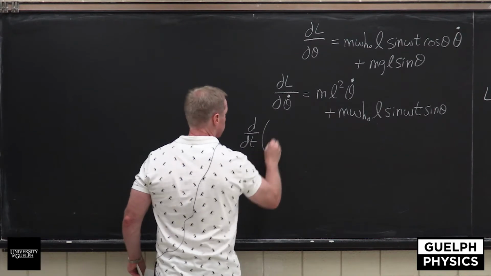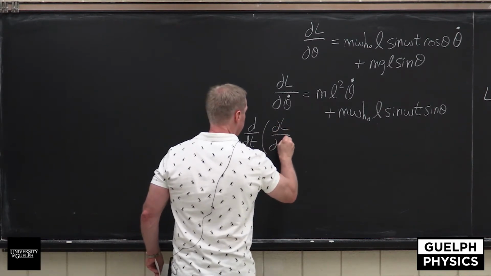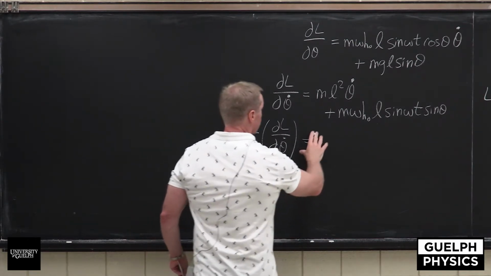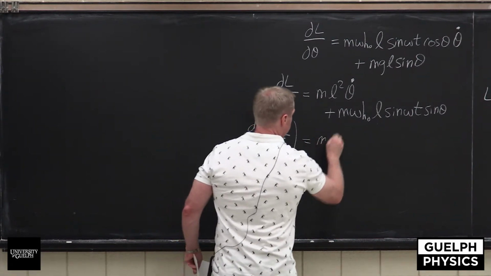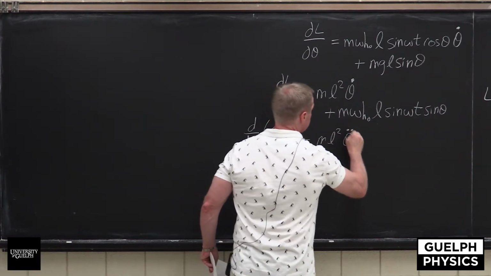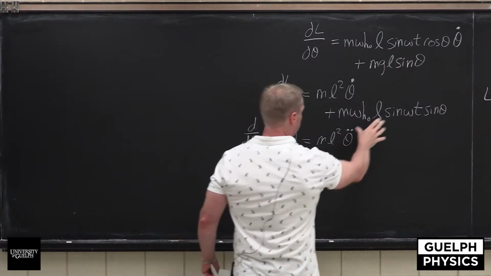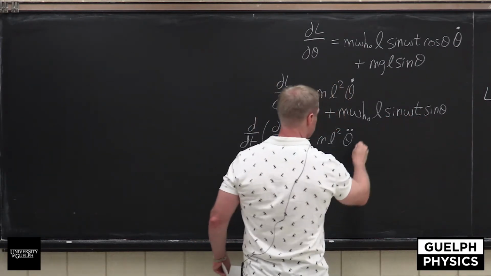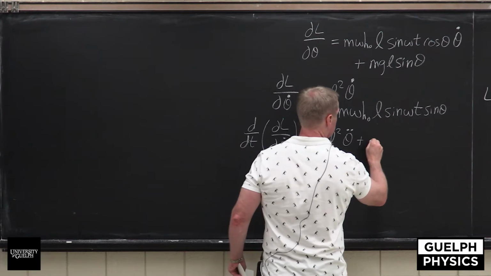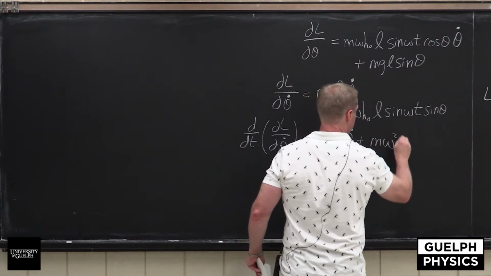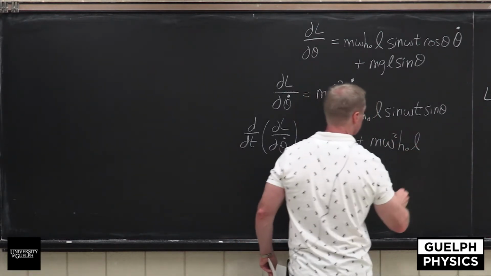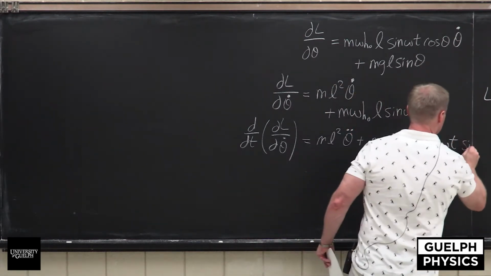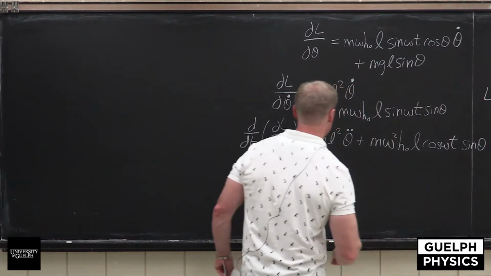And then d/dt of ∂L/∂θ dot. So now we take our time derivative, ml squared theta double dot. Then we have to be careful here because we're going to end up with 2 terms. So there'll be a plus m omega squared h naught L cos omega t sine theta.